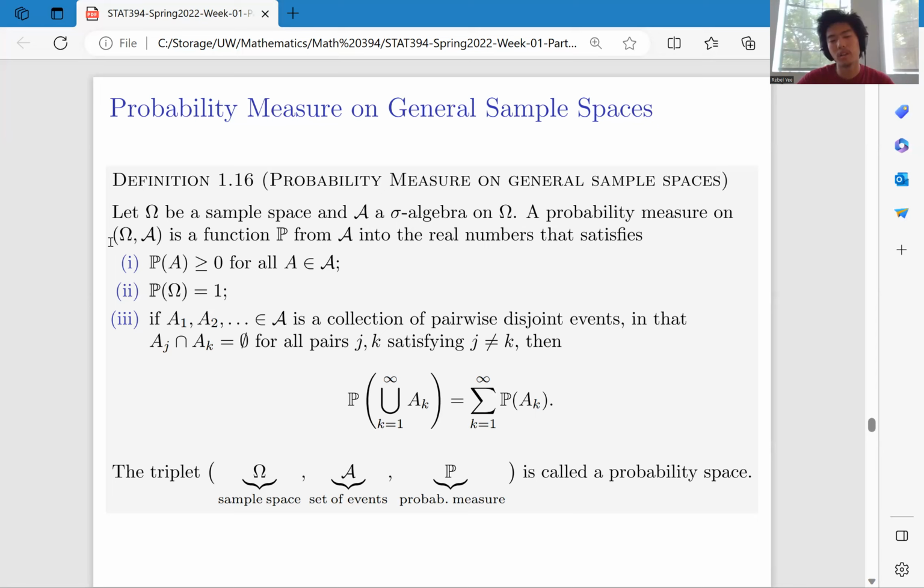And the third one is that it's not just for two pairwise disjoint events A and B, but for a collection of pairwise disjoint events. It extends from 2 to n.